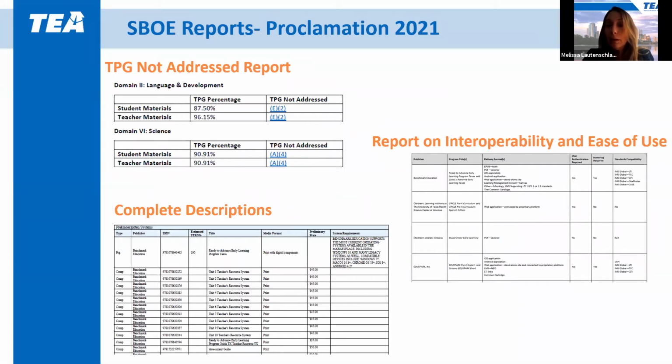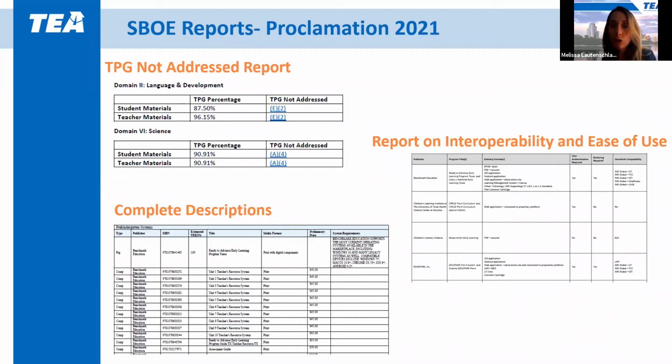And then another report that is really interesting and incredibly important for use with interoperability is this report. And so being able to take a look at and understand what your technology needs are in your district and making sure that you're able to access those.